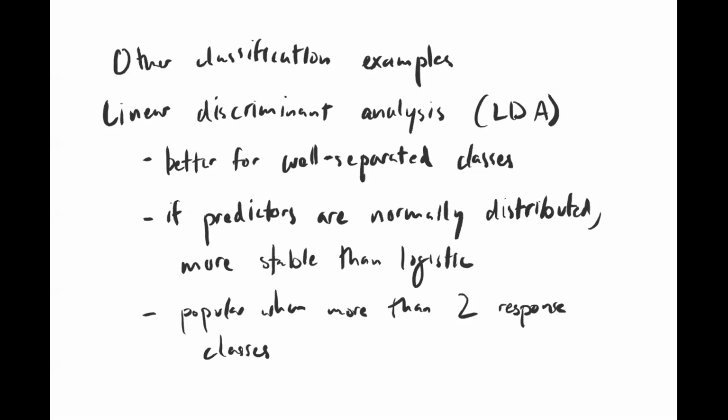So I'm going to quickly go over essentially what the LDA looks like. But again, this isn't something that you need to memorize or anything like that. This is more of a reference point for you.